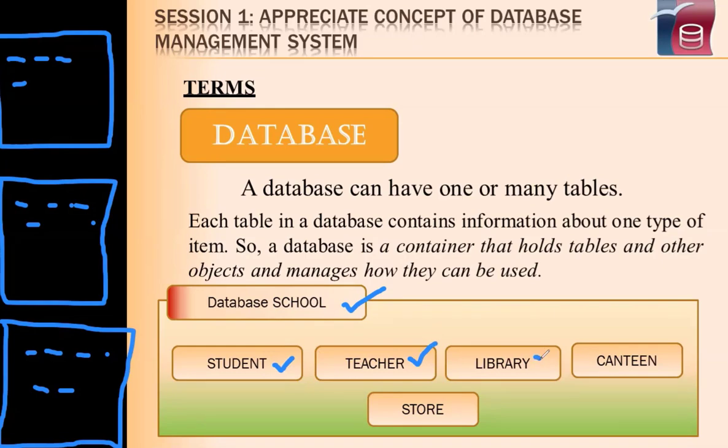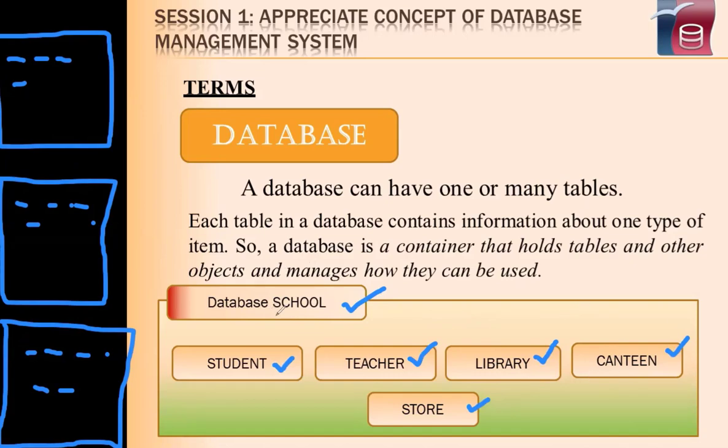One table could be storing the library details, the book details, details of the members to whom the book has been issued, and new books that have been purchased. So all those things will come for the library. You can have more than one table for the library. That's not a problem. You can have a canteen table. You can have a store table. So all these are the different tables stored within one database.